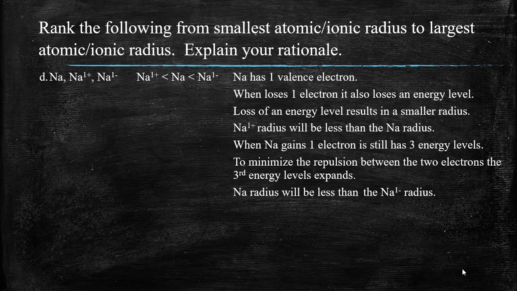Therefore, the radius of the sodium atom will be less than the radius of the sodium anion, following the idea that if E is less than F and F is less than G, then E must be less than G. The sodium cation is smaller than the sodium atom, which is smaller than the sodium anion. And so utilizing appropriate atomic structure and Coulomb's law, all 4 parts of the question have been answered.